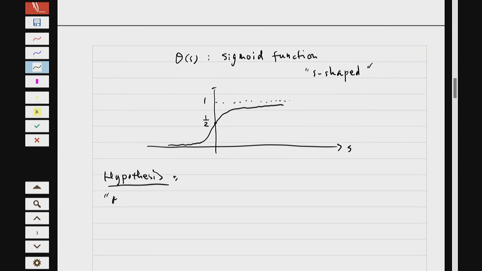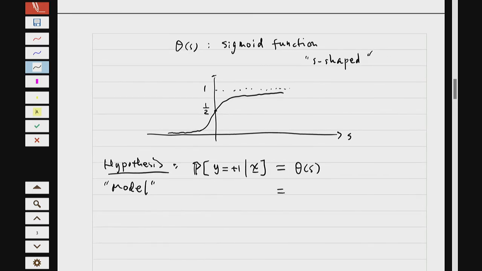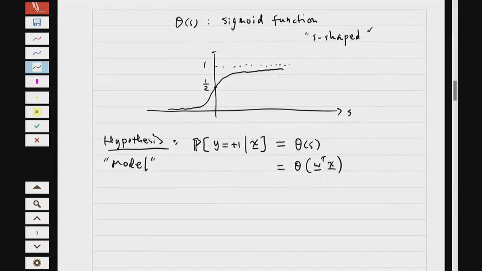I'll just write the logistic model: the probability that y is equal to plus 1 given x is equal to θ(s), and of course, we know that s is simply w^T x. If you substitute this inside θ(s), it becomes e to this over 1 plus e to this. It gets messy, right? You have fractions, and within the fractions you also have exponents.